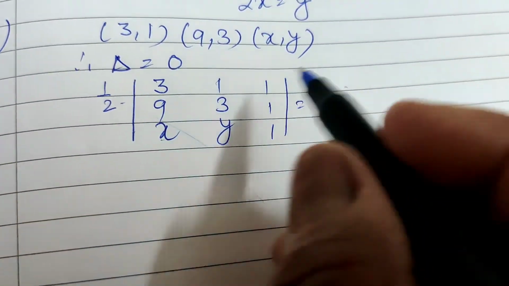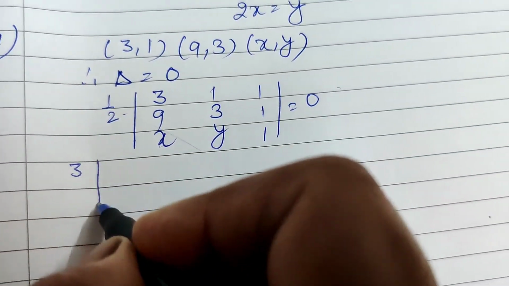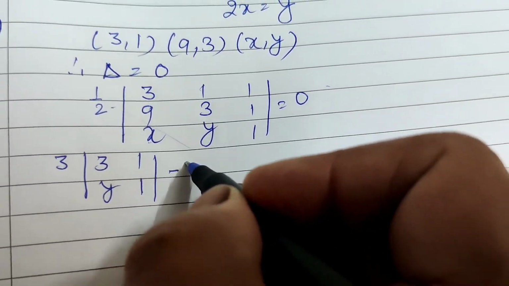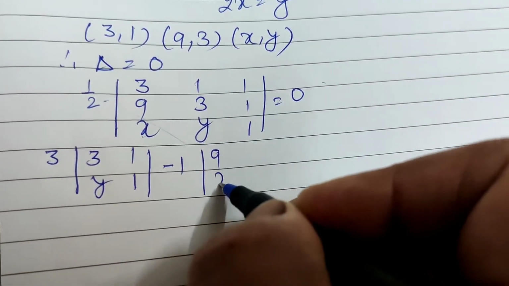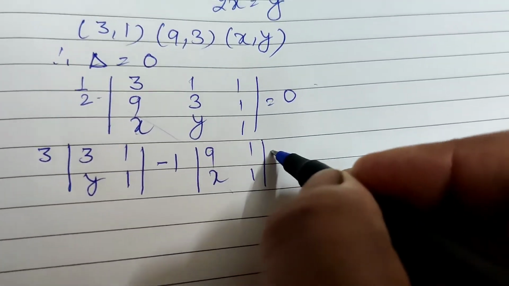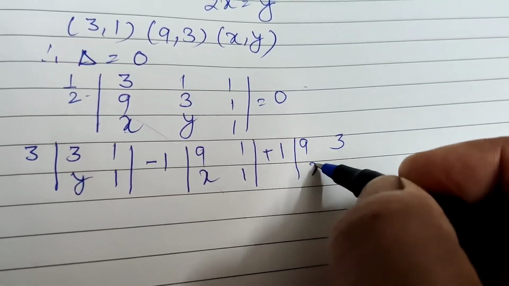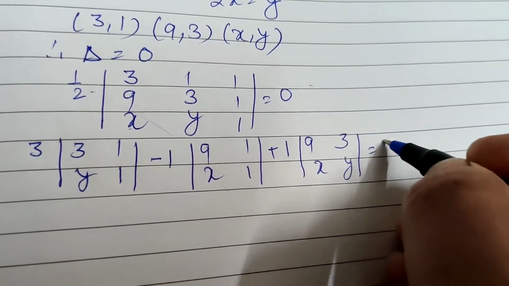Half equal to 0, no. 3, 1, y, 1. Minus 1, 9, 1, x, 1, and plus 1, 9, 3, x, y equal to 0.